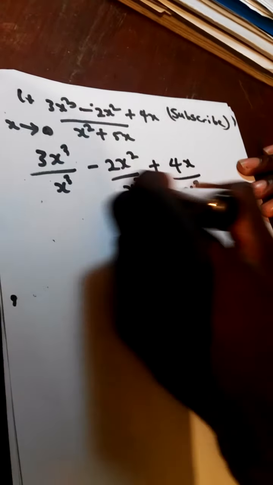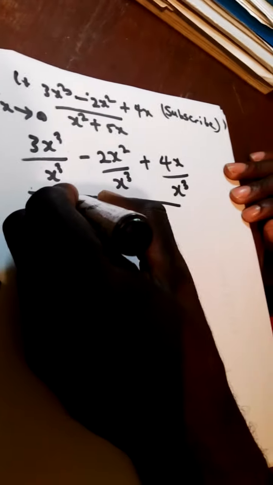The greatest power in this question here is x to the power of 3. Now, we divide through by x to the power of 3 all over x to the power of 3, minus 2x squared over x to the power of 3, plus 4x over x to the power of 3, all over x squared over x to the power of 3, plus 5x over x to the power of 3.